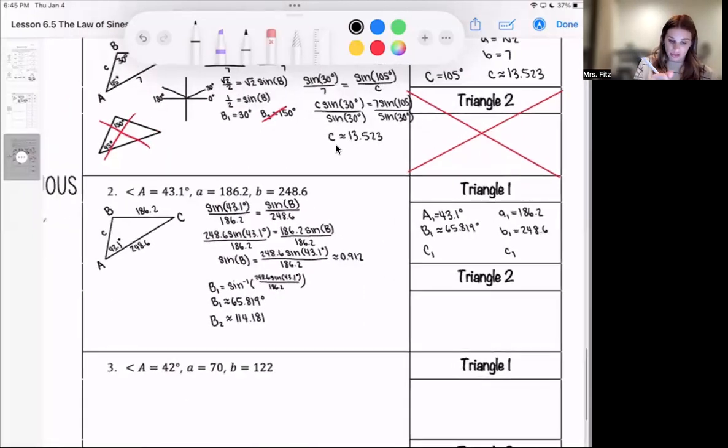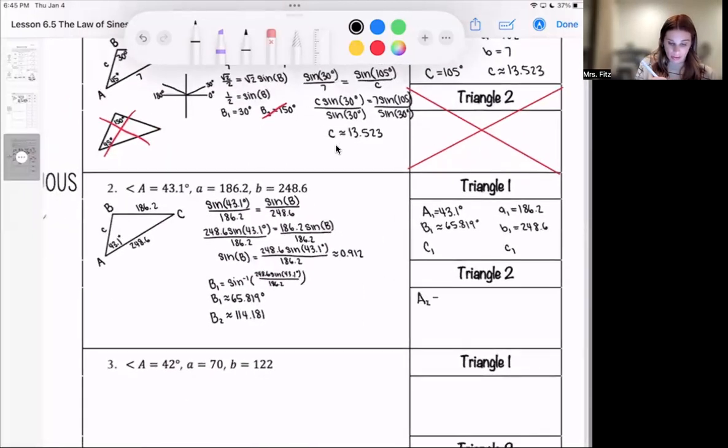So we do A sub 2, which we're given as 43.1 degrees. B sub 2 is about 114.181 degrees. C sub 2 we're about to find. Little a sub 2 is still 186.2, and little b sub 2 is still 248.6. Those were given. And then C sub 2 we're going to have to solve for.